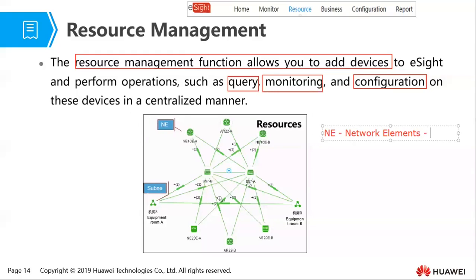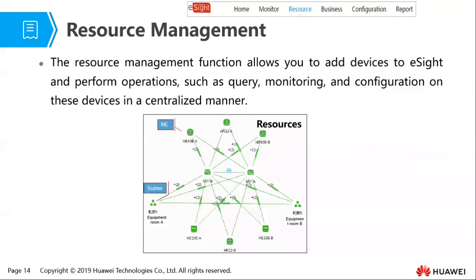And simply put, network elements include the hardware devices and software running on them. So that is what we call network elements. So it can be routers, it can be servers, it can be switches, and so on and so forth.